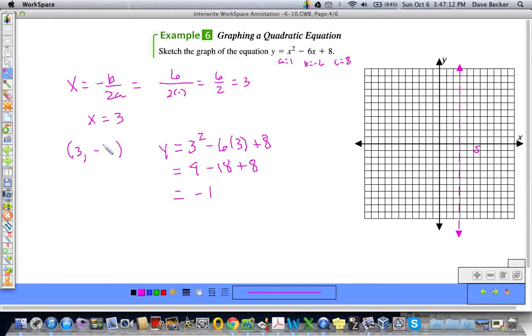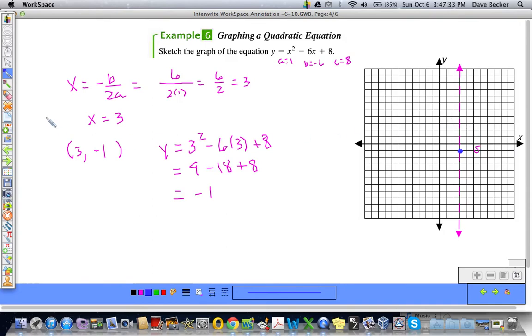So 3, -1 is my vertex. I'll graph this in blue. So 1, 2, 3, -1 is my vertex. Okay, since I know the parabola is symmetric about this axis of symmetry, if I can get 1/2 of it, I can get a reasonable sketch of the whole thing.